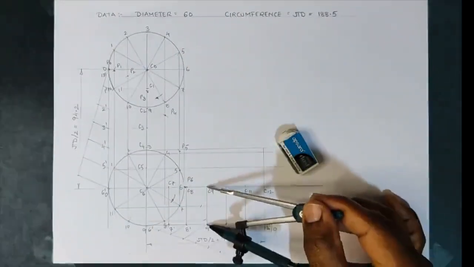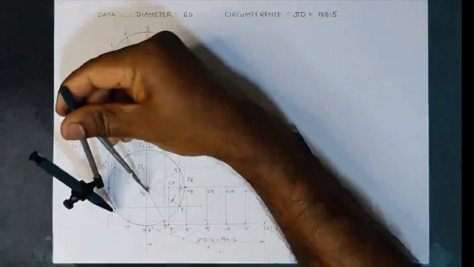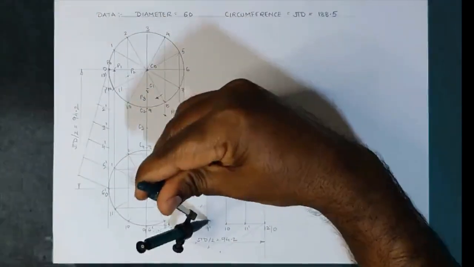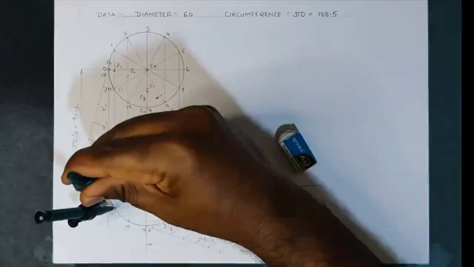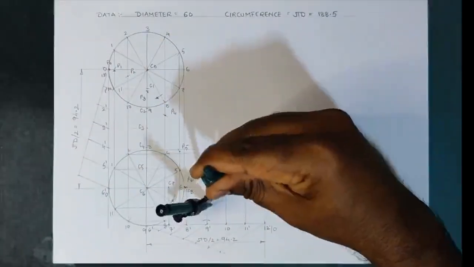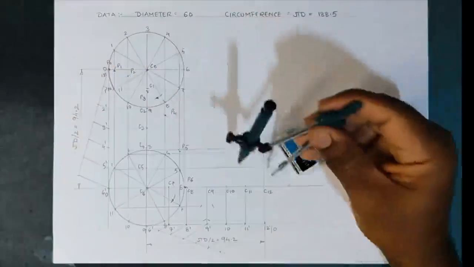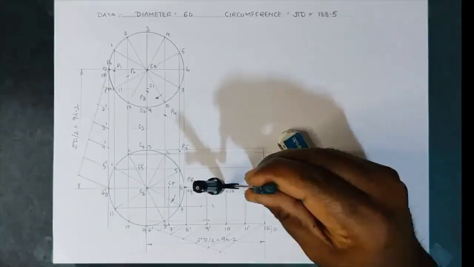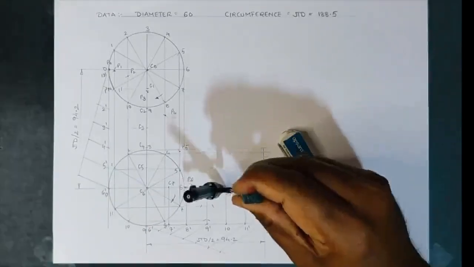This is the 9th position. I mark an arc. This is the 10th position. I transfer it to center 10, mark an arc. This is the 11th position. Transfer it to C11, mark an arc. And finally, this is the 12th position through center 12.